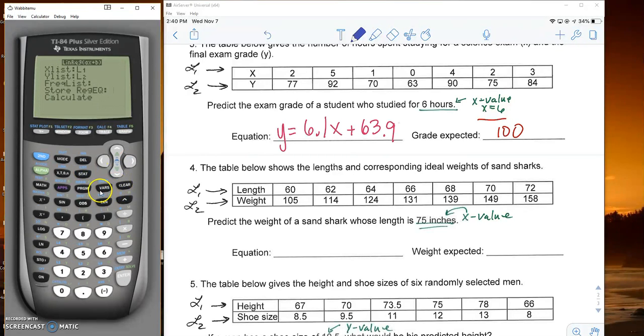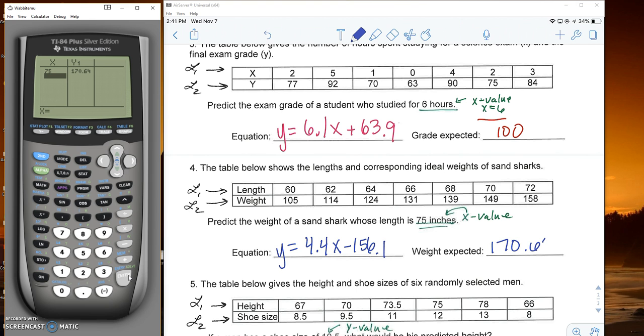To store, we click variables, scroll, enter. So my equation is 4.4x minus 156.1. And then I've stored this in y equals, so I can go to the table and find when x is 75, y would be 170.64.